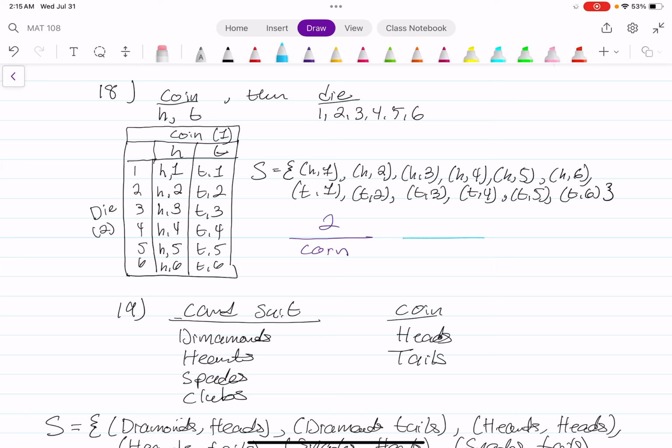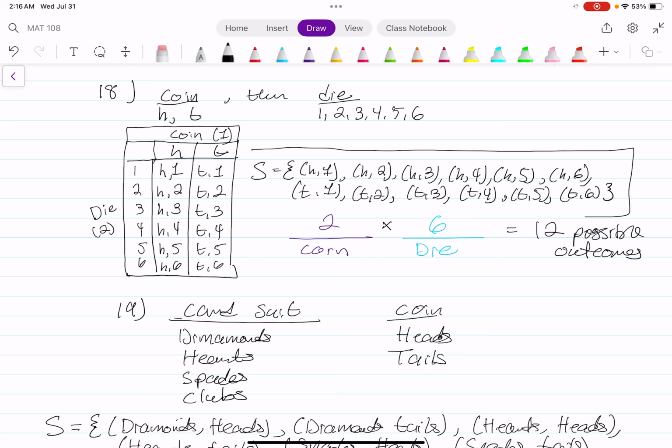A die has 6 outcomes, 1, 2, 3, 4, 5, 6. By the fundamental counting principle, we can multiply the number of ways each individual event can occur to find the number of ways the events can occur as a sequence. So 2 times 6 is 12 possible outcomes. And when we count the possible outcomes for the sample space for question 18, also I do want to box the final answer, there are 12 possible outcomes.